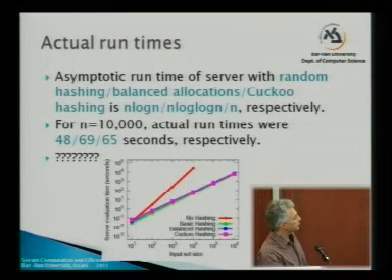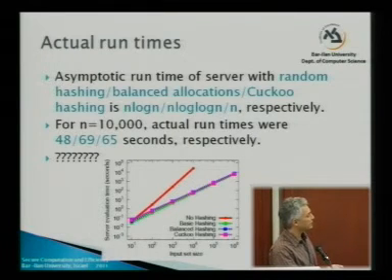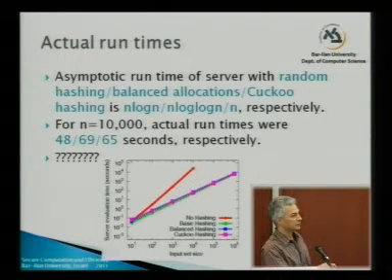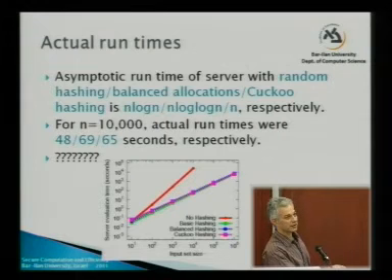Now, for n equal to 10,000, what are the actual runtimes? They are 48 seconds, 69 seconds, and 65 seconds. Something here is wrong, because according to this, the overhead should go down, and here it goes up.